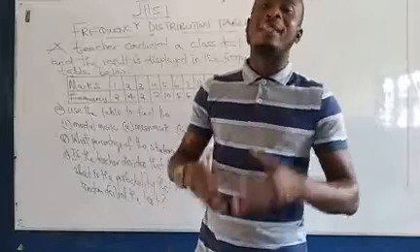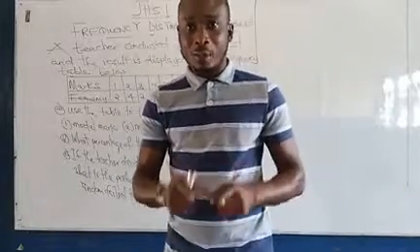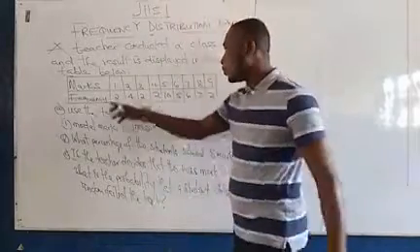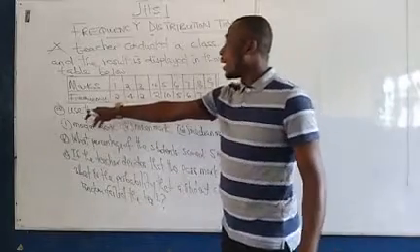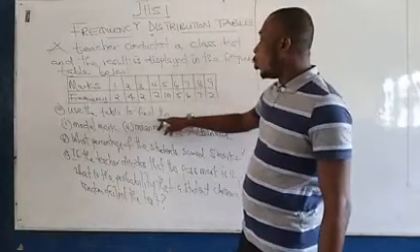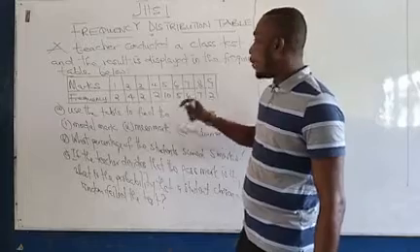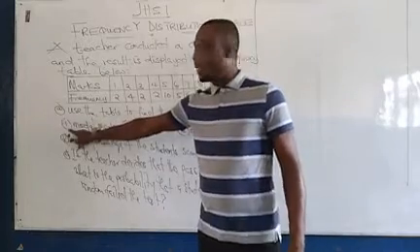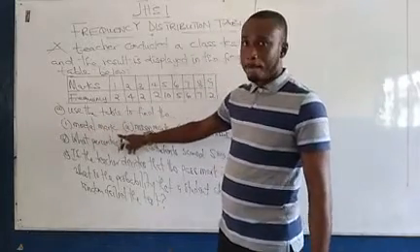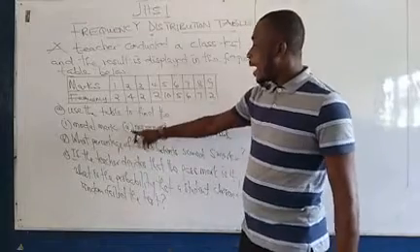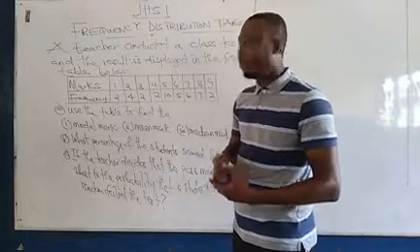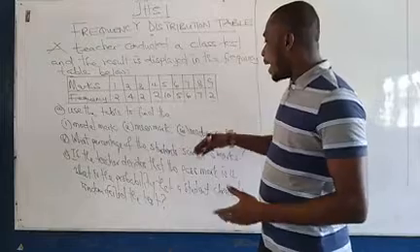And what is the question demanding from us? That's the most important thing. The first question says: A, use the table to find the I, modal mark, II, mean mark, III, median mark.